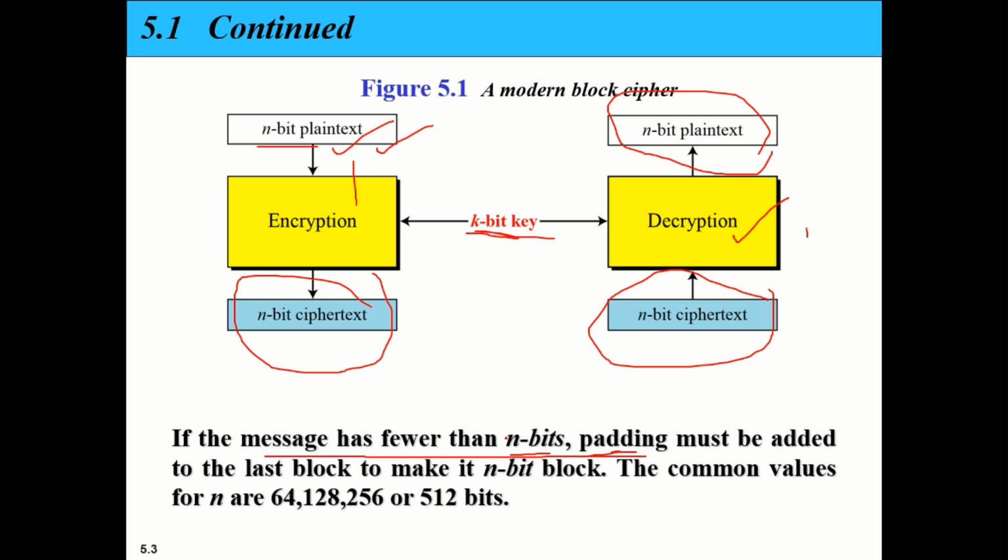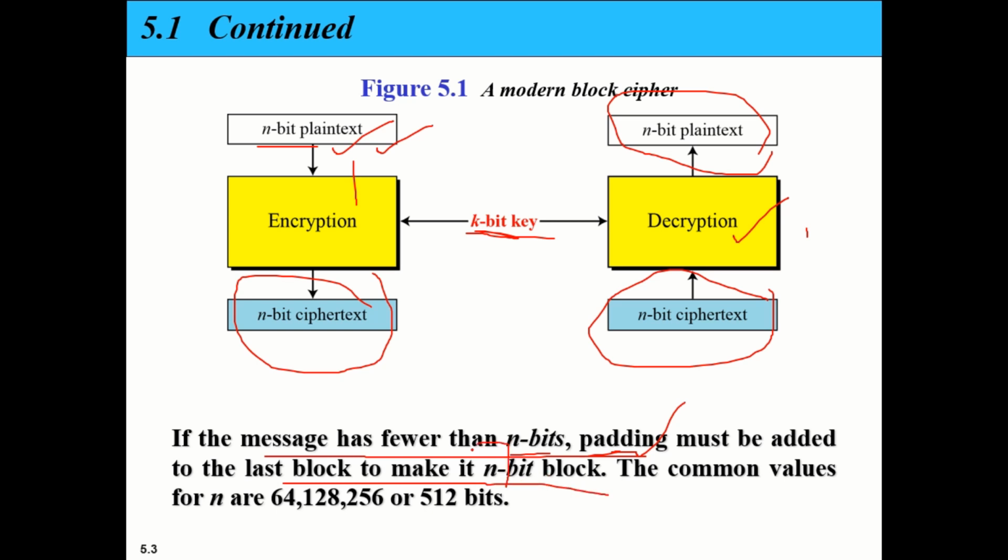So we'll be creating blocks out of plain text, and if the last block becomes short of bits, then we'll be adding extra bits to make it an n-bit block. So padding must be added to the last block to make it an n-bit block.